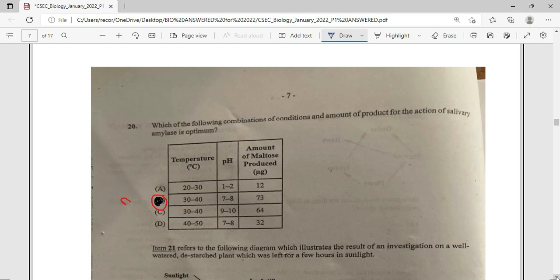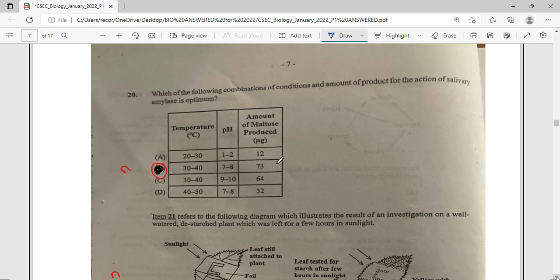Let me try again. Which of the following combinations of conditions and amount of product for the action of salivary amylase is optimum? Here we are going to look for where we have most of the maltose being produced. Now most of the maltose produced is 73, so that makes B the answer.